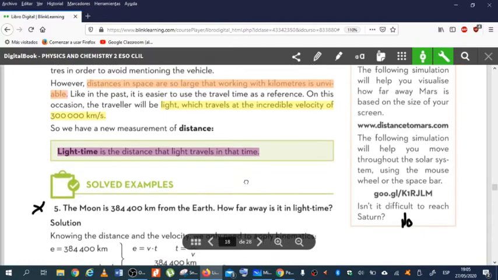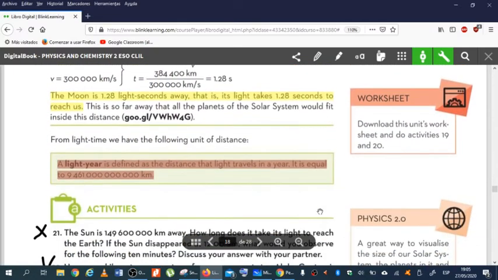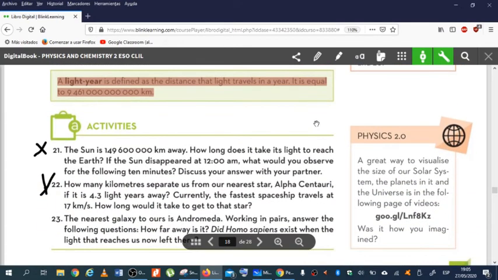We will now do these two exercises. As you can see here, our nearest star, Alpha Centauri, is 4.3 light years away.